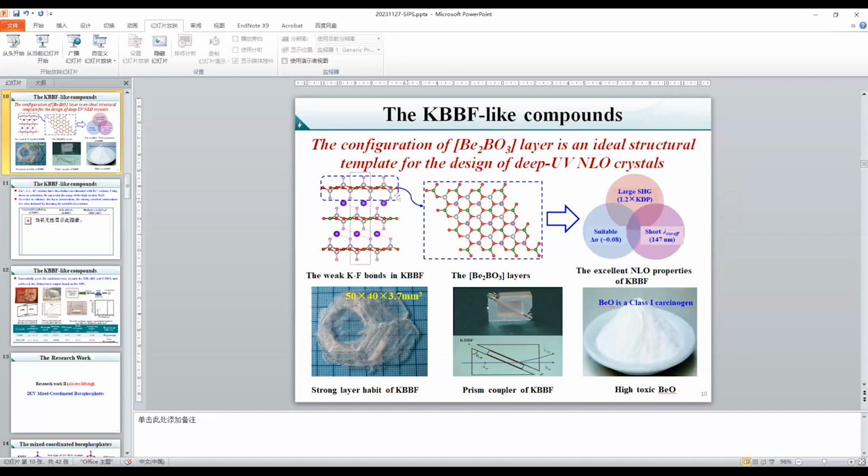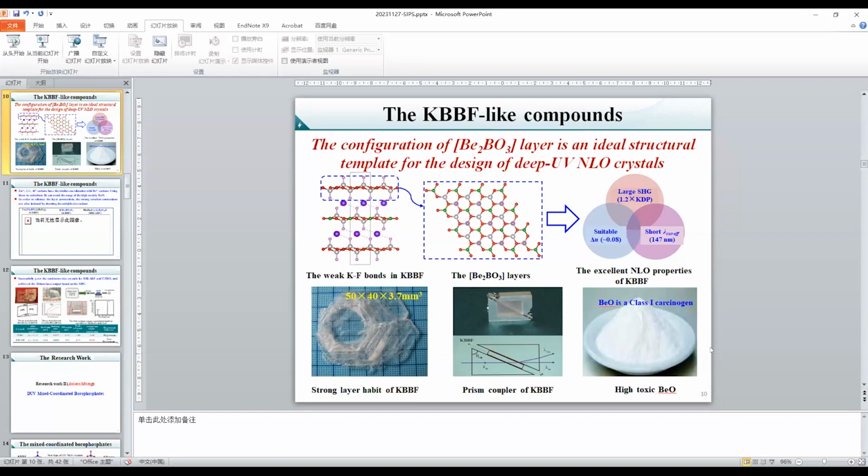But between these layers are very weak K-F ionic bonds. It makes KBBF have a very strong layer habit. The maximum thickness for KBBF is only 3.7 millimeters. It makes KBBF unable to output high energy laser.